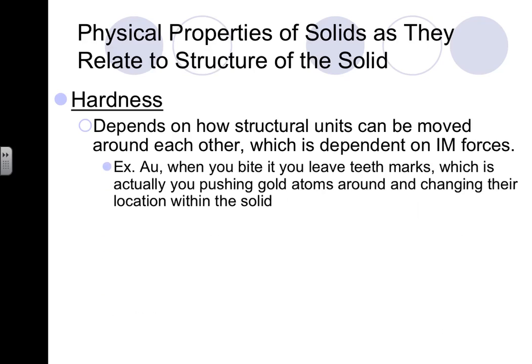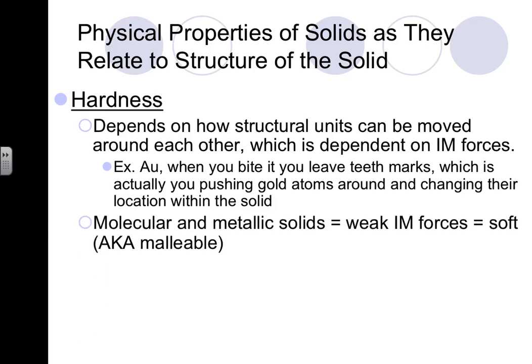In fact, with gold, if you have pure gold and you bite it, you will leave teeth marks, because your teeth are sinking into that metal and pushing the atoms around. So it's changing the location within the solid, but it's never breaking any bonds. So you have what you would call a very soft material. If you can sink your teeth into it and leave teeth marks, that's pretty soft. So the hardness of some metals is definitely considered to be pretty darn soft, in fact.